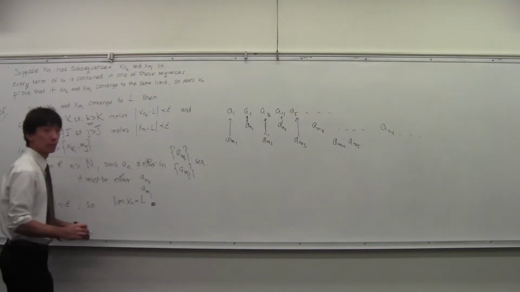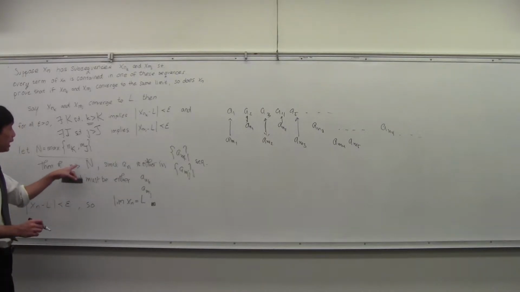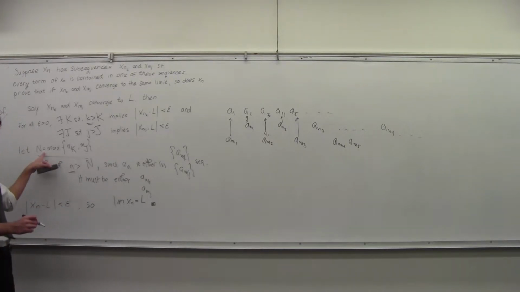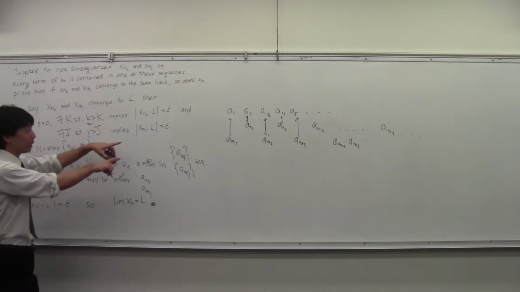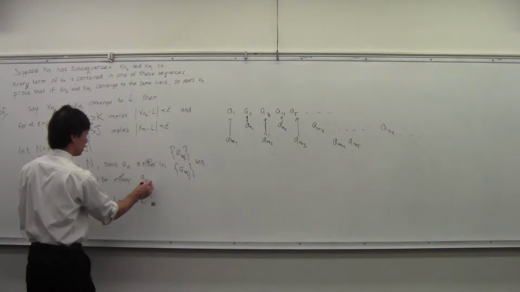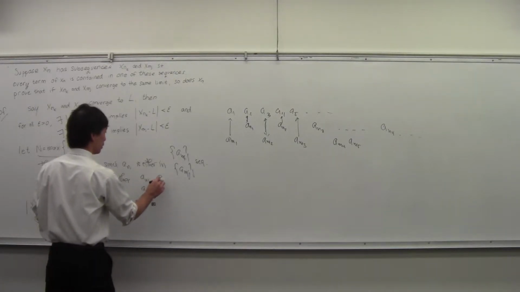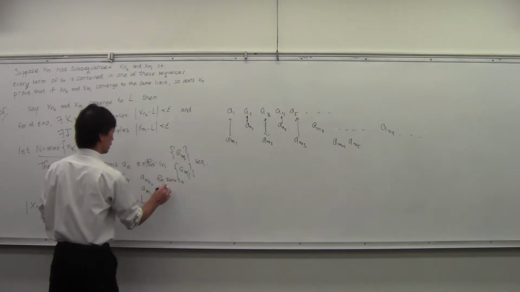So we're talking about a specific element. Yeah. So choose any n bigger than this max guy. Okay. We know it's got to be in one of these sequences. Okay. So it's got to be, you know, something like this or something like this, right? For some k naught or for some j naught.